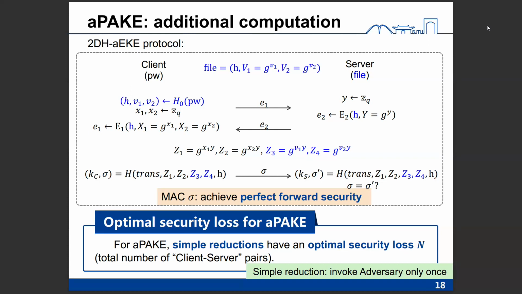So due to this reason, we do not know where and when the adversary will successfully obtain the original password. And if it does, then the security is broken. So due to this reason, we have to choose one particular session and embed the hard problem into it. That leads to the loose security loss factor.